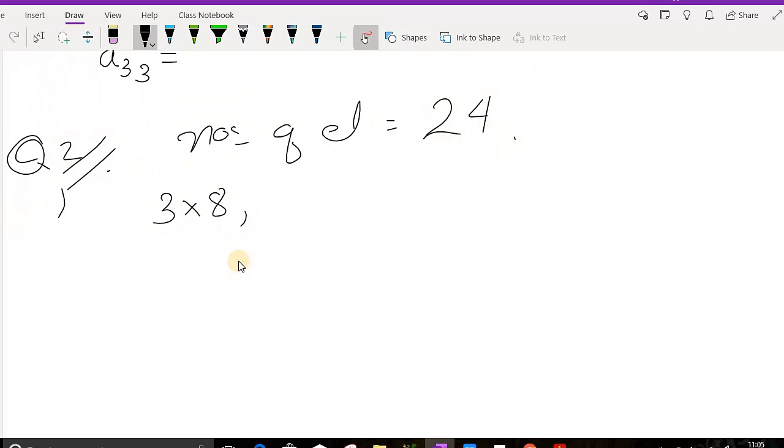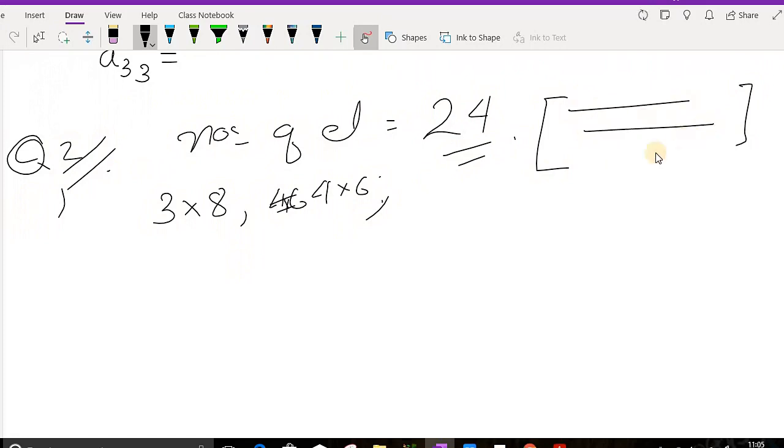Given 4 by 6. Okay, it should not take any time. First of all, you should know that it has to be a rectangle. So this will be the number of rows, number of columns.